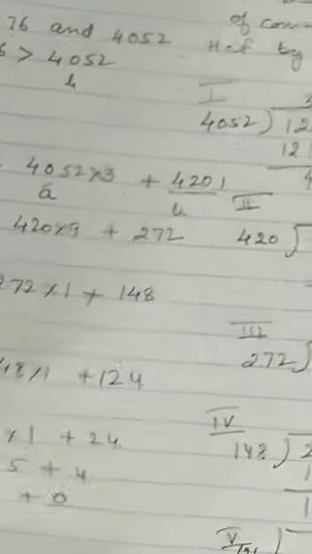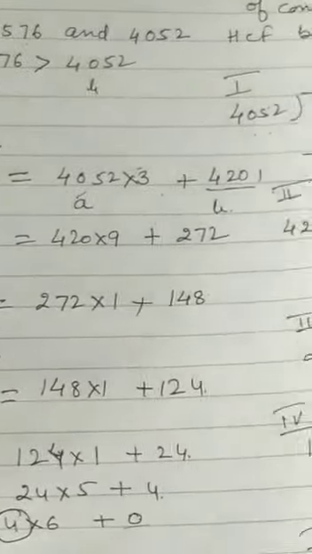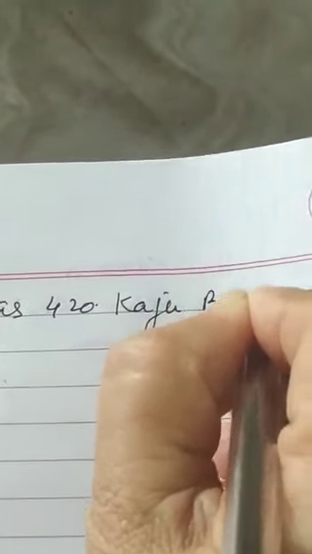Let us see another question. Examples देखेंगे. A sweet seller. Another question is, let us see a sweet seller. Seller has 420 Kaju burfis and 120 Badam burfis.